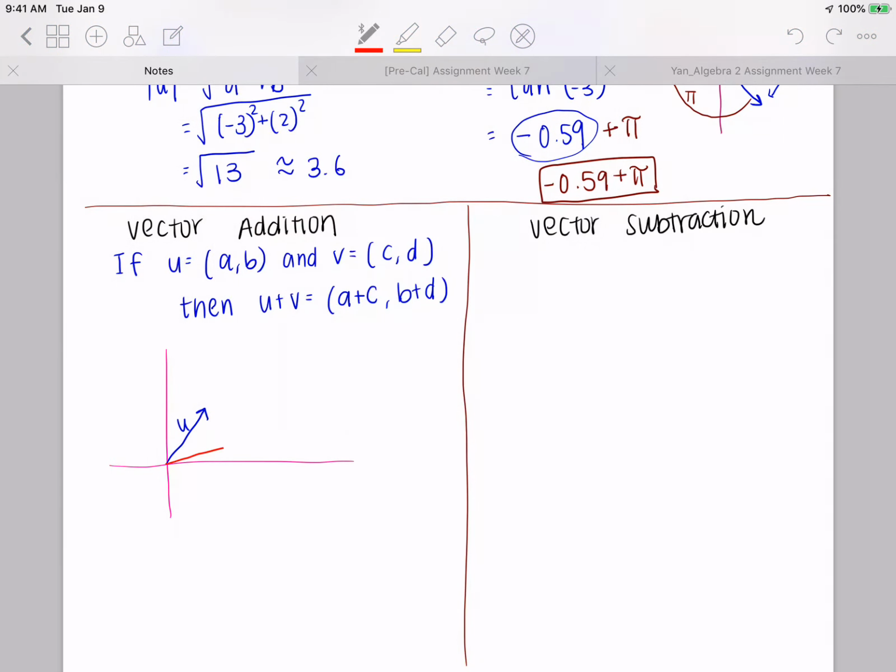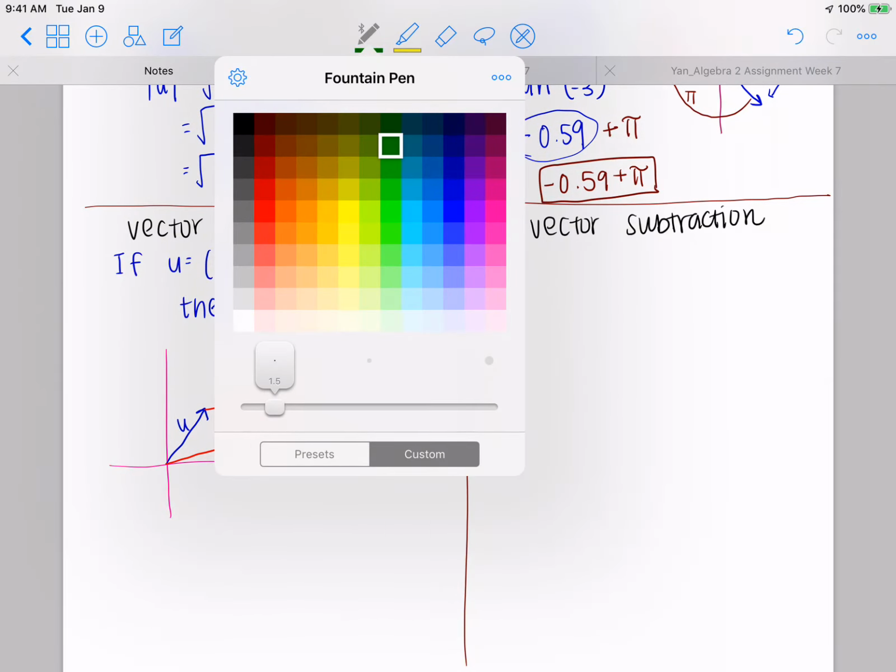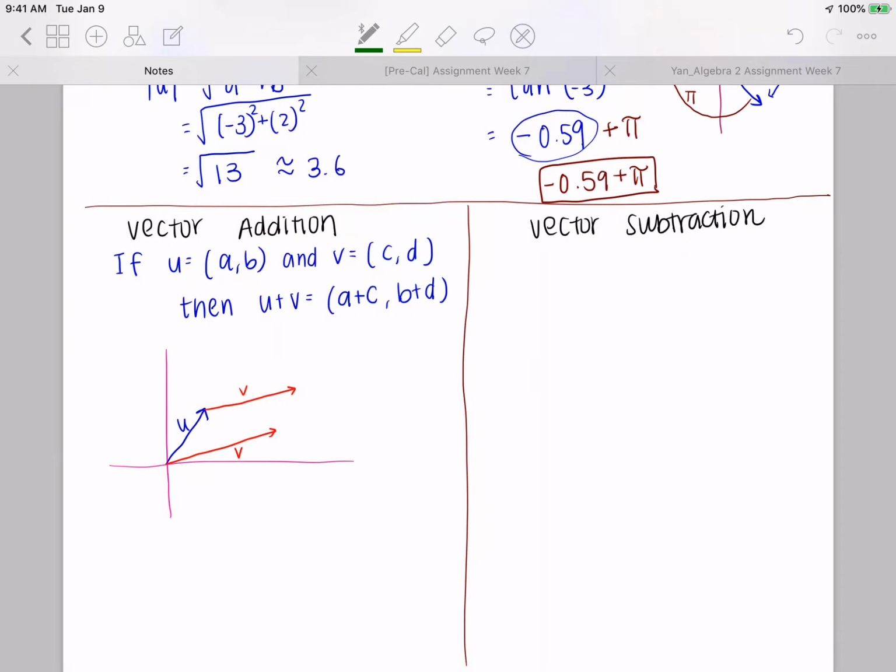Let's put it in red. Let's say this is v, that's u. I would have to redraw my v to connect to the end of u. Okay, so I would have to redraw it up here. It's exactly the same length as v. Okay, and then my final answer would be from the beginning point to the end of v. So this green line right here is u plus v.